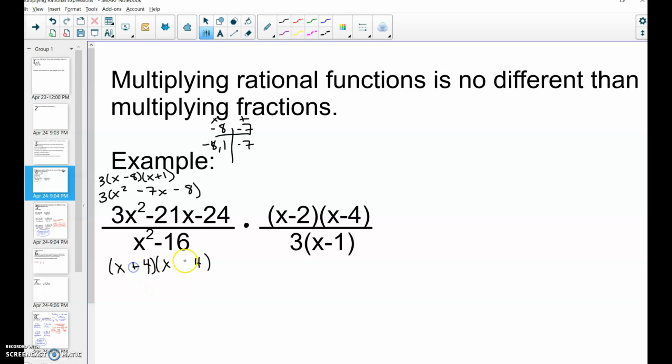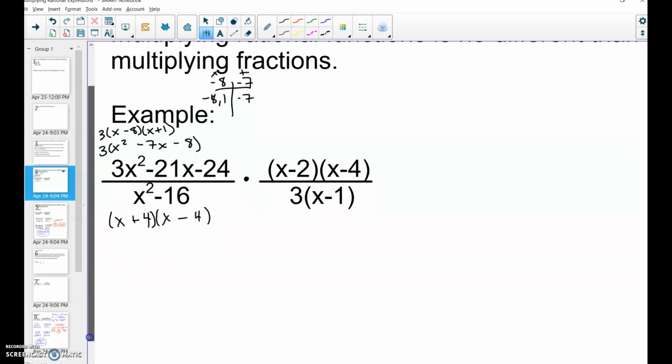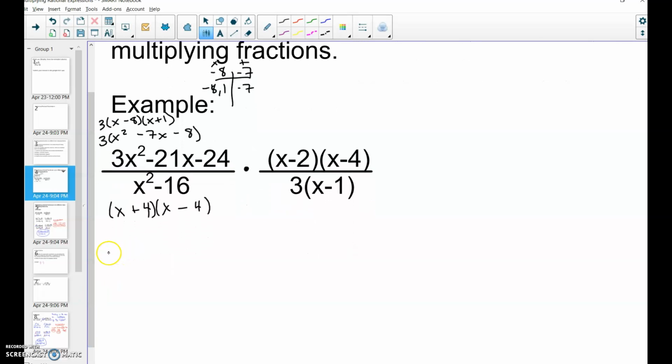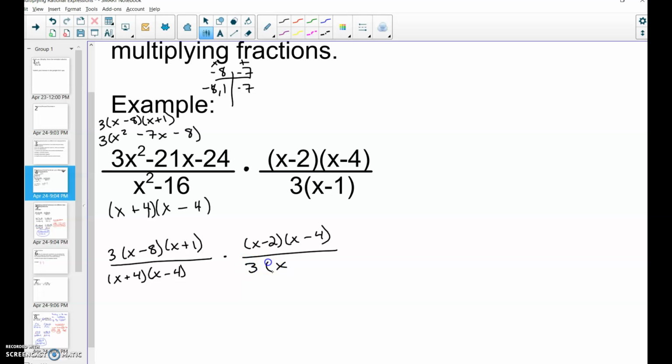One of my factors is positive, one of them is negative. So I'm going to write these again in factored form just so it's a little bit clearer. I have for my first one 3 times x minus 8, x plus 1 over x plus 4, x minus 4, times x minus 2, x minus 4 over 3 times x minus 1.